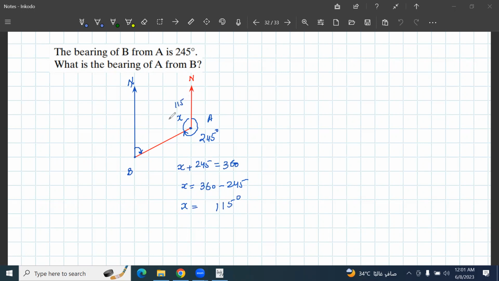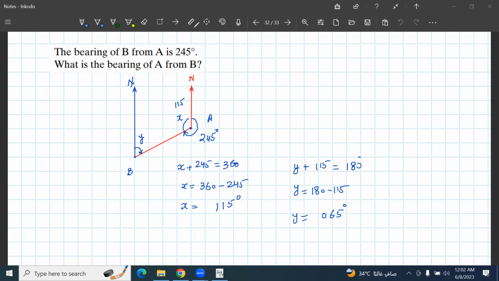If this is 115, we can find the other angle, which is our requirement, y. So y plus 115 represents a supplementary angle. y is equal to 180 minus 115, which gives us 65, but write 065. Three-figure bearing, okay? This is the answer.